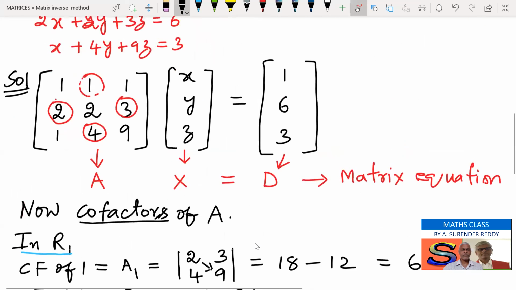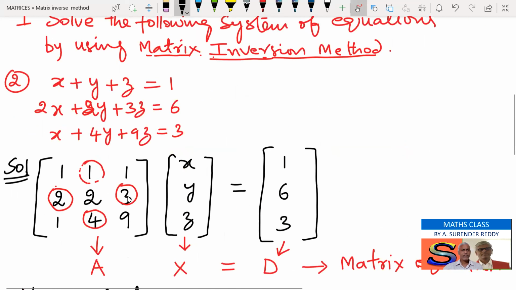Look at the matrix: 3 is in the second row, so leave the second row, and in the third column, so leave the third column. The elements left are 1, 1, 1, 4.